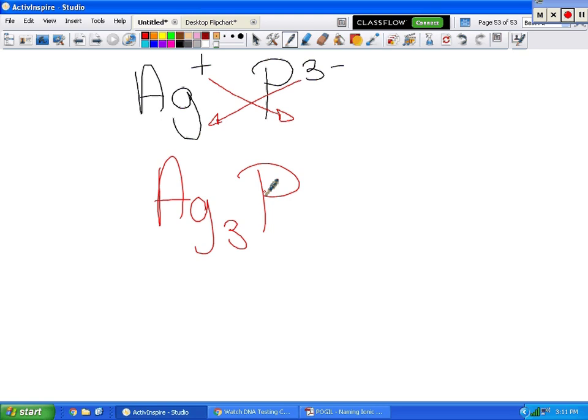So if you do it in your head, I had 1 positive, right? How many more silvers would I need to make phosphorus turn into 0? How many did I give it? 3. So this is what you can start doing. This is called the crisscross method. But I wanted you to see where it came from. So you can take any ionic compound and do what with its charges? And crisscross them.